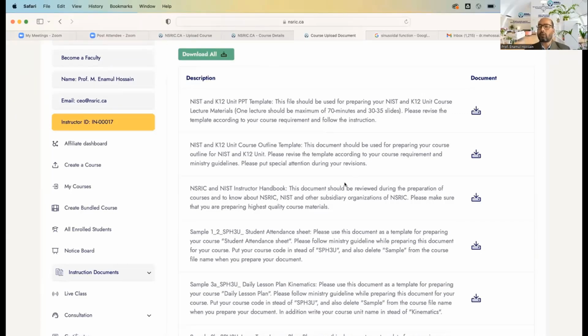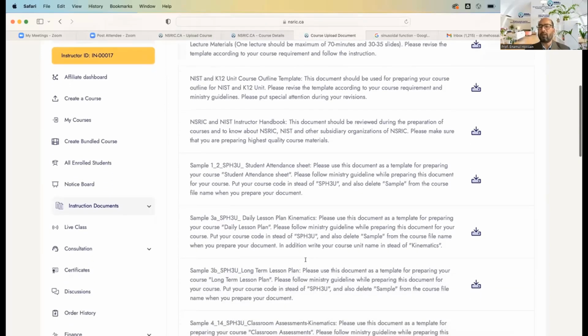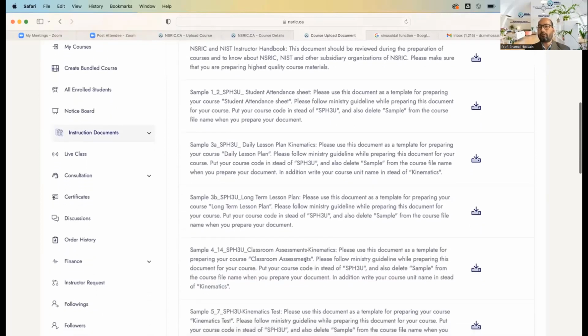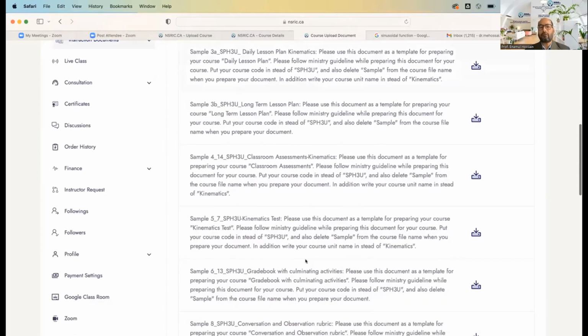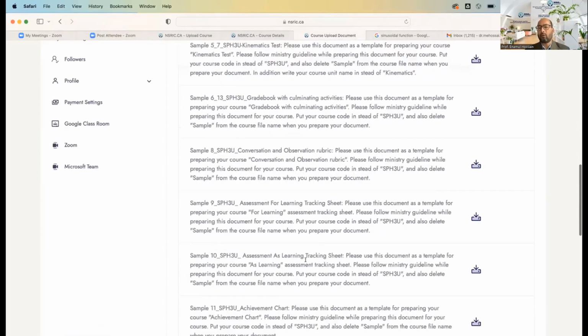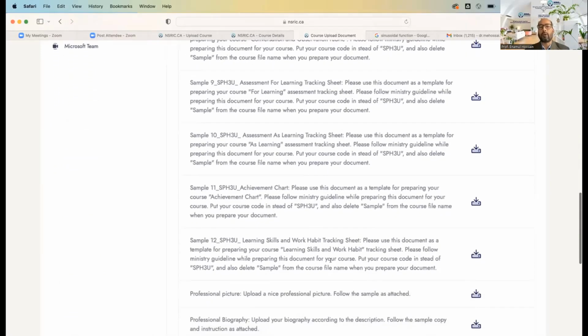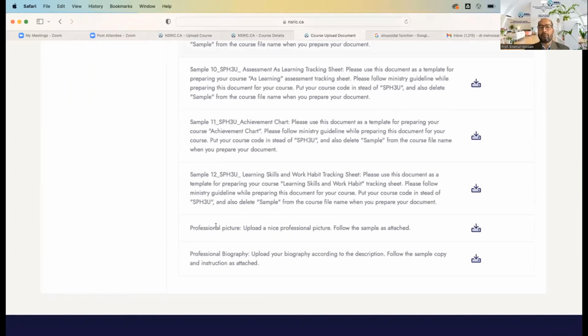Whatever course you are going to teach, all these documents will be filled and prepared ahead of time by yourself for the ministry. We definitely recommend doing it before starting the course, so that students will also be aware of it. A professional picture and a professional biography should be in your profile, in your dashboard, so that we can pull it for our team members.